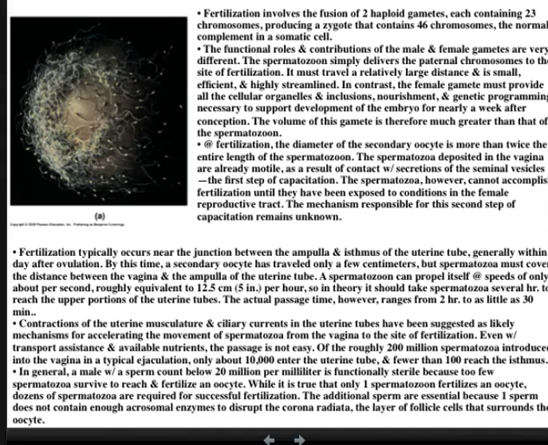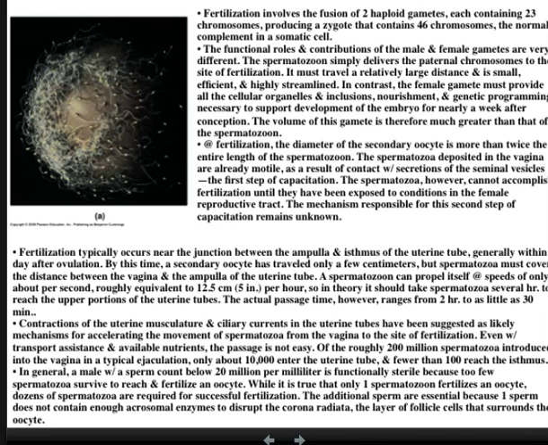In general, a male with a sperm count below 20 million spermatozoa per milliliter of ejaculate is functionally sterile because too few are going to make it to the egg as a result of attrition along the way to fertilize the oocyte. While it's true that only one sperm fertilizes an oocyte, dozens are required in order to successfully allow fertilization to occur because they help digest away those outer layers as a result of those acrosomal enzymes.